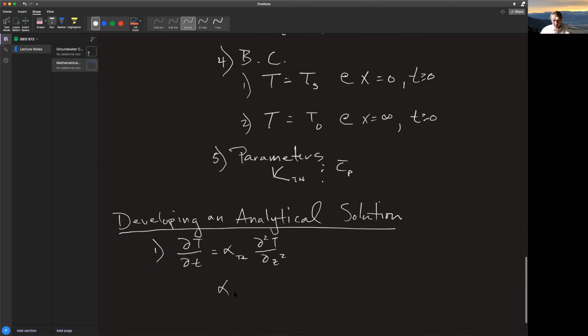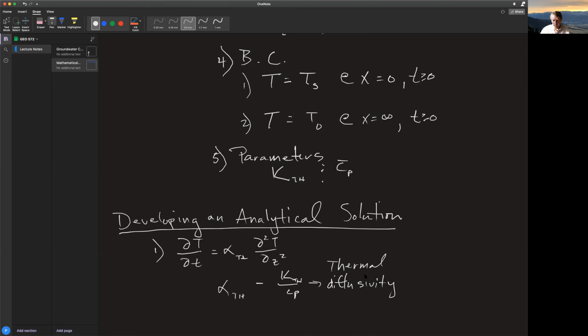This alpha now is the conductivity over the heat capacity. This is essentially the conductivity over the storage. We're going to use this in water too, and we call that the thermal diffusivity.